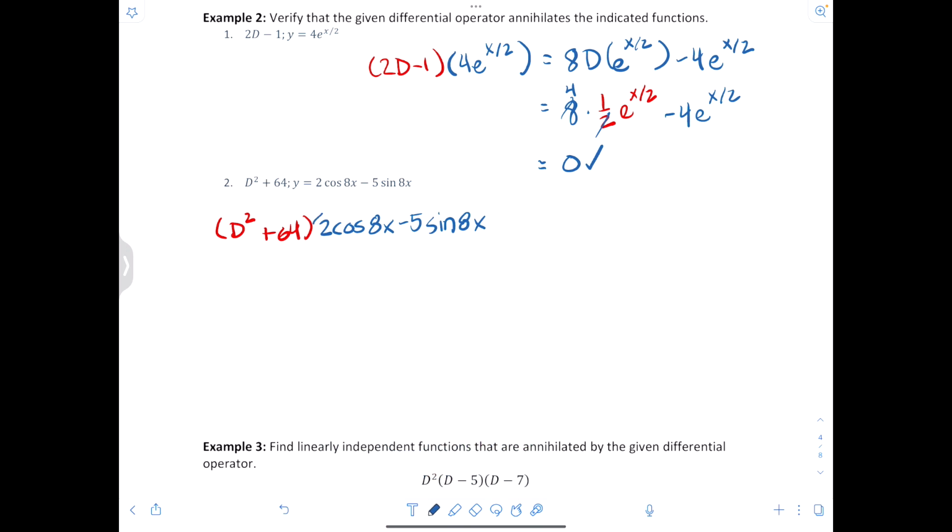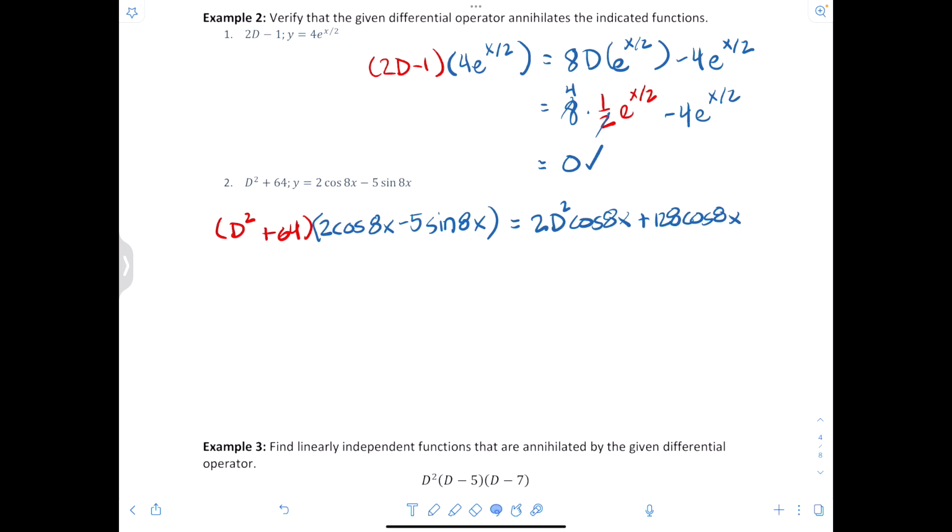So let's see what happens. We'll get 2 D squared cosine 8x plus 128 cosine 8x.